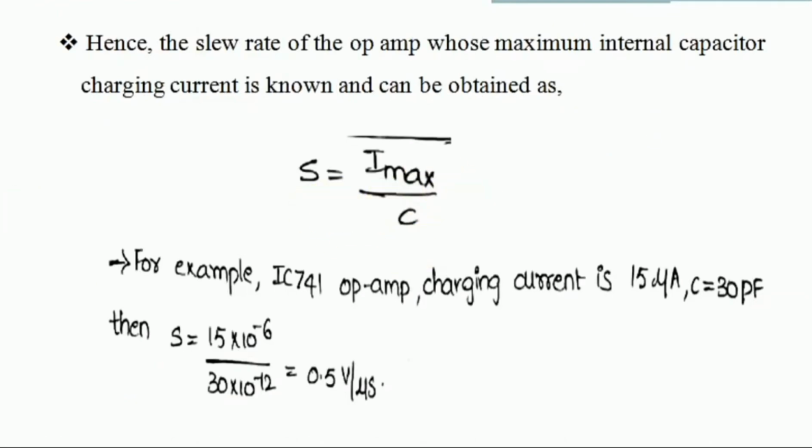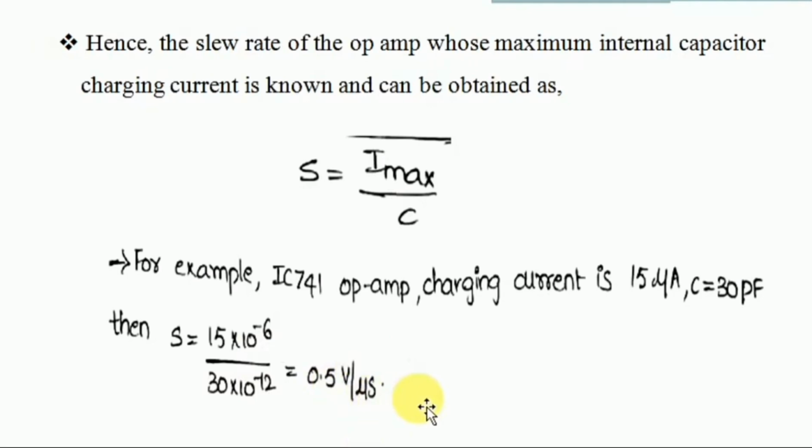For example, consider an op-amp 741 which has a charging current of 15 microamperes and a capacitor of 30 picofarads. Then the slew rate value will be 15 into 10 power minus 6 by 30 into 10 power minus 12, which is finally 0.5 volts per microsecond.